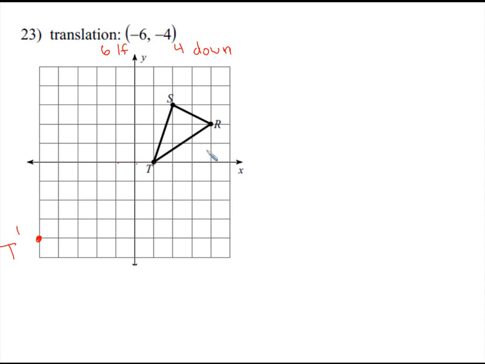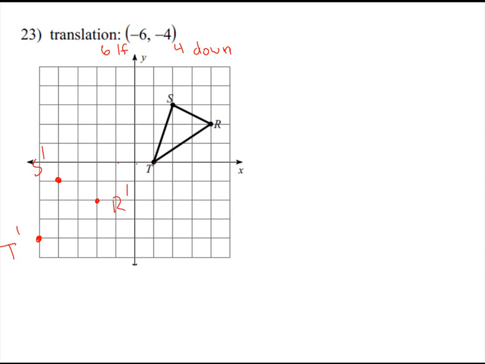I'm going to do the same thing with S and R. Move it to the left 6, 1, 2, 3, 4, 5, 6, and then down 4, 1, 2, 3, 4. It's going to be right there, S prime. And then R, move it to the left 6, 1, 2, 3, 4, 5, 6, and down 4, 1, 2, 3, 4.